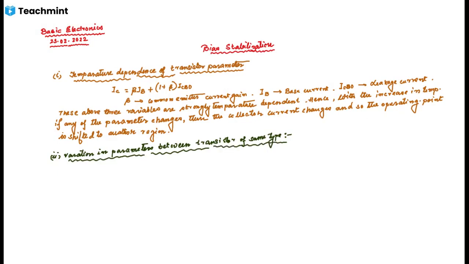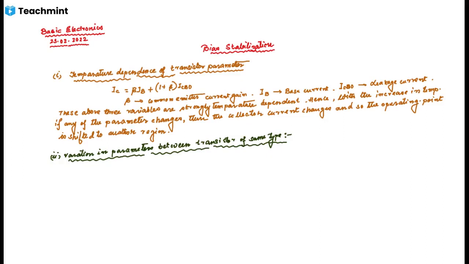So in this case, even upon the tremendous advance in semiconductor technology, the transistor parameters such as beta vary widely between transistors even of the same type. So change in beta will shift the operating point in an undesired direction.